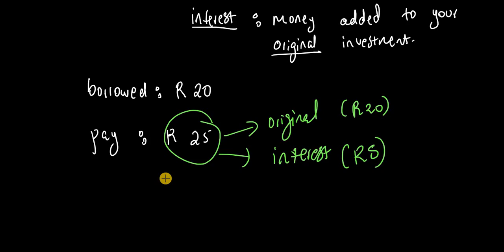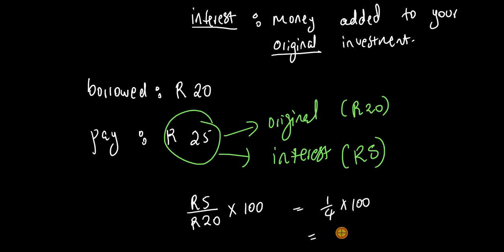I can also tell you this interest in terms of percentage. How can we do that? We take the 5 rands, divide it by the 20 rands, and then multiply by 100. You find that you have 1/4 multiplied by 100, which gives us 25%. So what does this mean? This means that you paid me 25% interest.